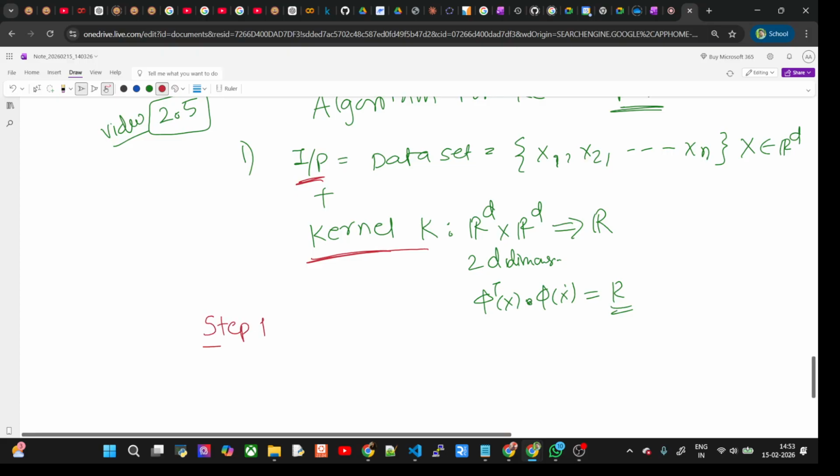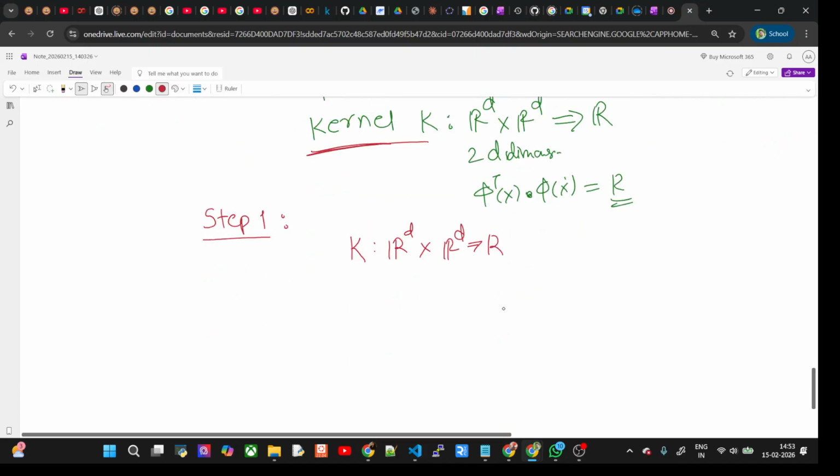Step number 1: you have a kernel k, which is a function from R^d to R, like in the same way I'm just typing for a second here. And you are calculating K_ij by putting x_i comma x_j.